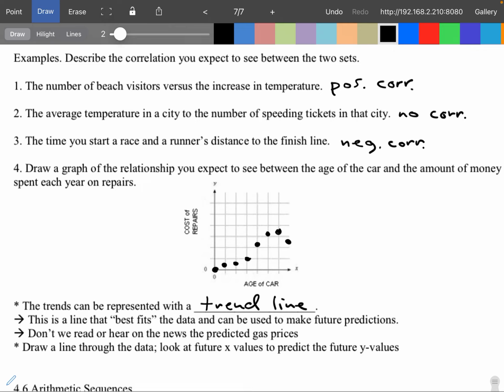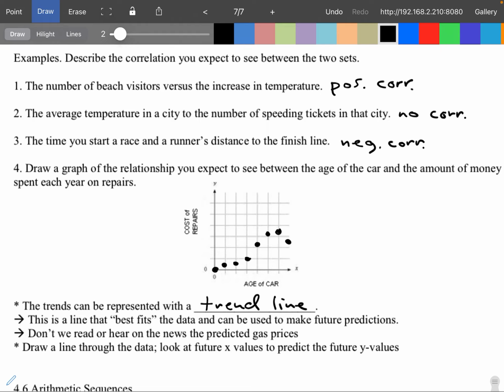All right. What you can do next, in that next blank, it talks about trends, and they can be represented with a trend line. Below that, it says that a trend line is a line of best fit. It's a line that best fits the data.